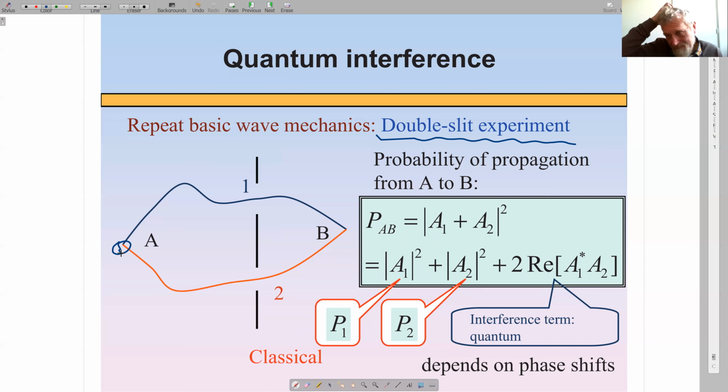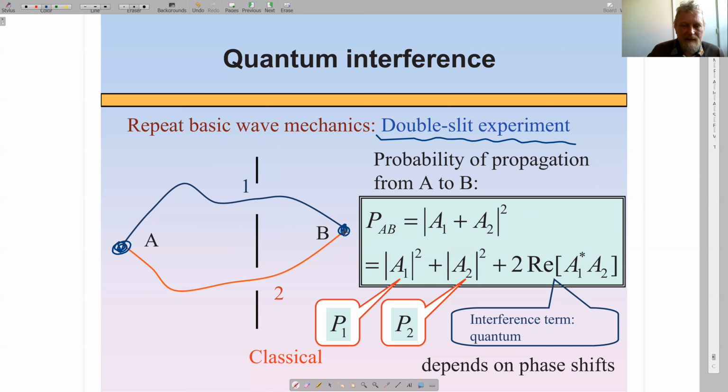There must be waves because they should have phase. It doesn't matter whether it's quantum electron waves or optical waves, just some waves. And we emit these waves from point A, and we look at their intensity at point B. So in fact, it's the probability of propagation from point A to point B.